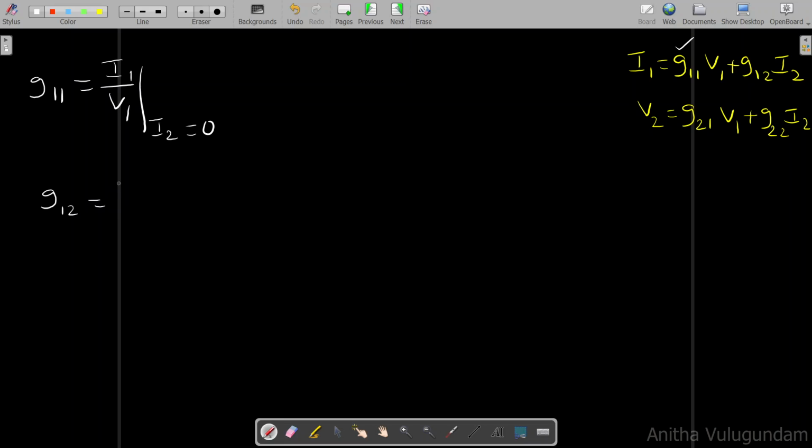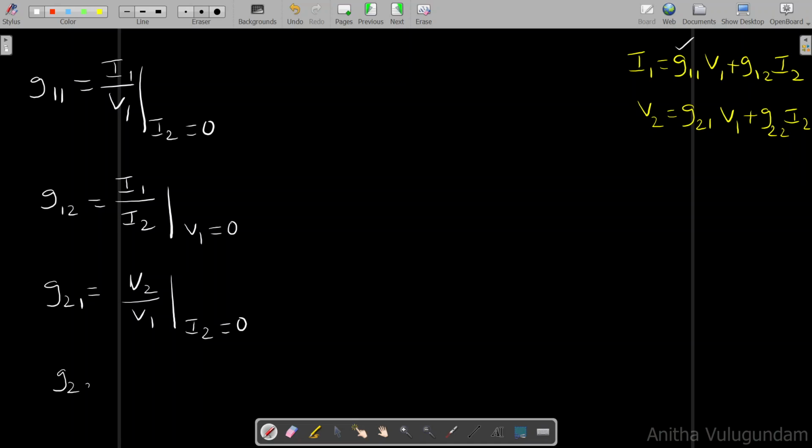G12 equal to I1 by I2 when V1 equal to 0. From the second equation, we can write G21 equal to V2 by V1 when I2 equal to 0 and G22 equal to V2 by I2 when V1 equal to 0.